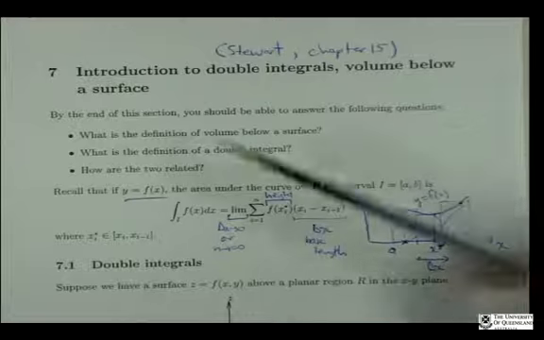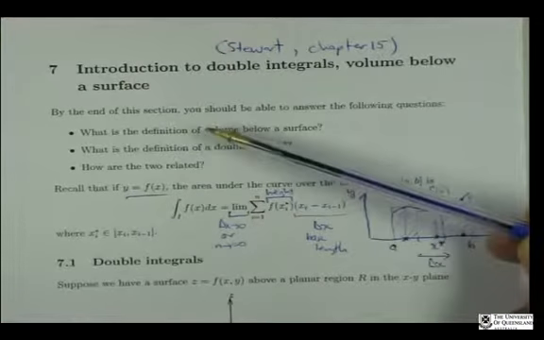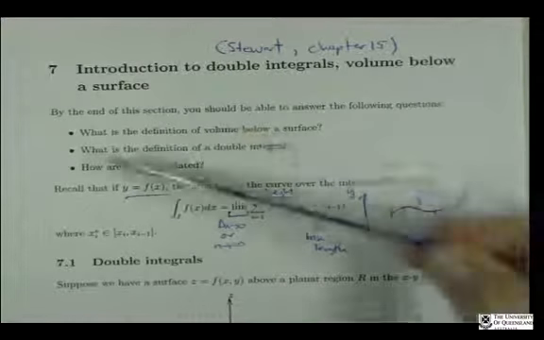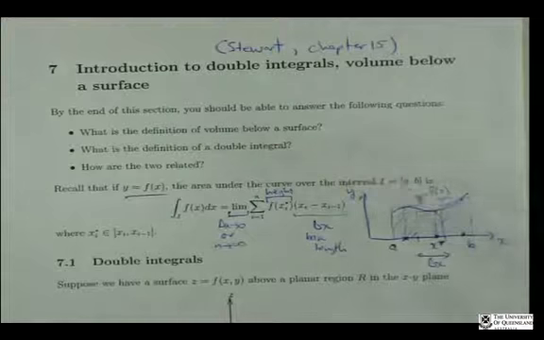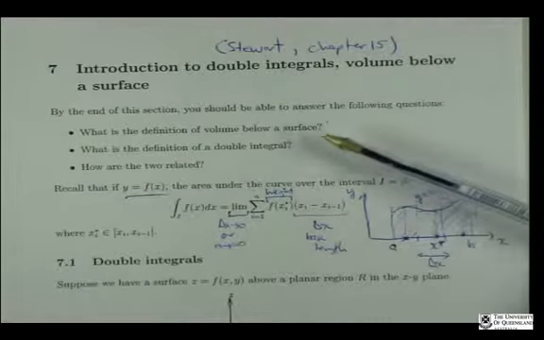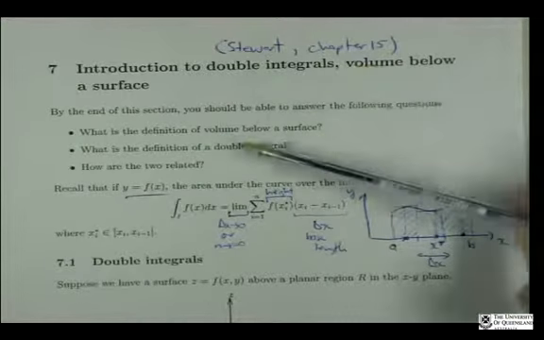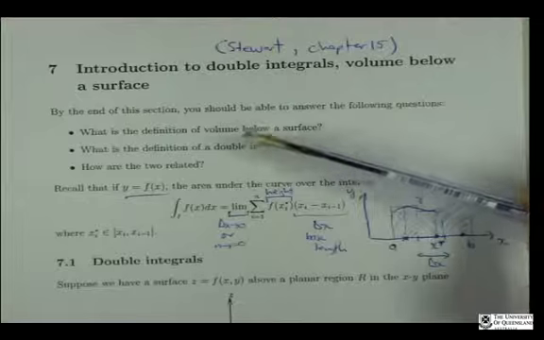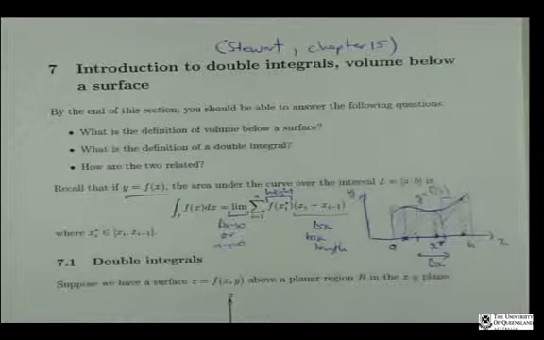Just at the start of the section here, there are a few dot points, and really we're going to consider the problem of calculating, indeed defining, the volume below a surface and above some two-dimensional region in the xy plane.